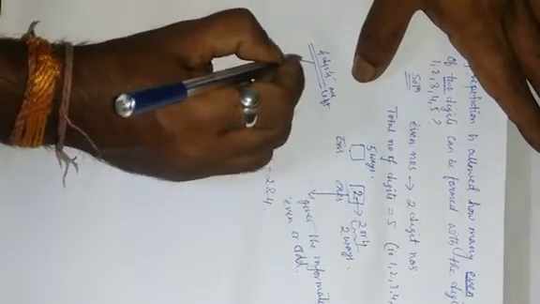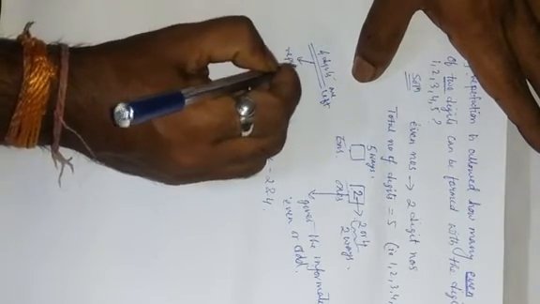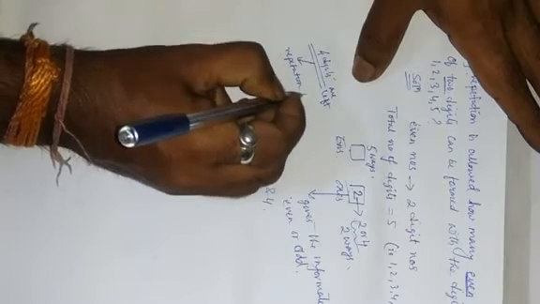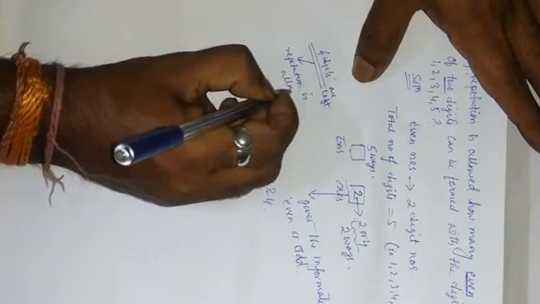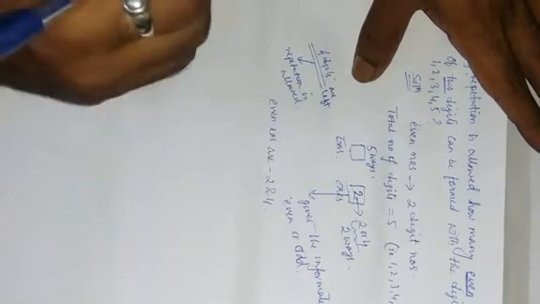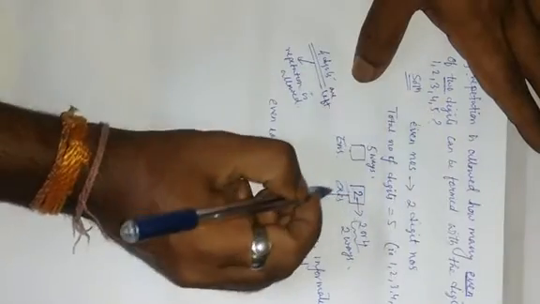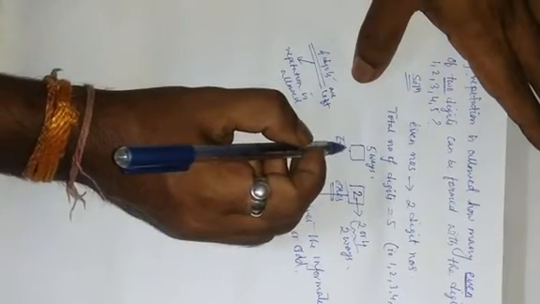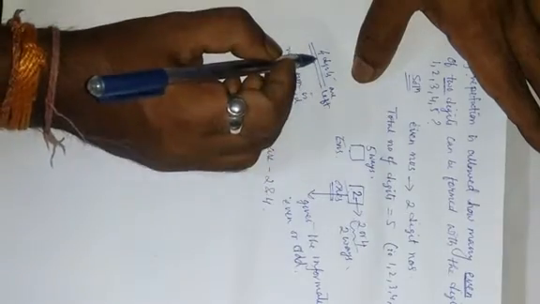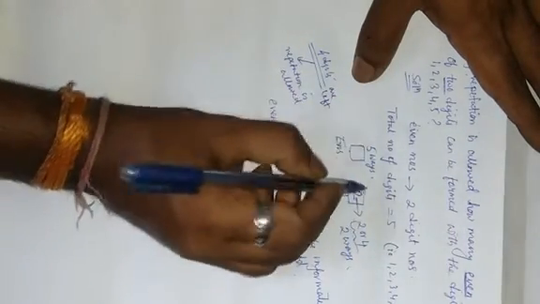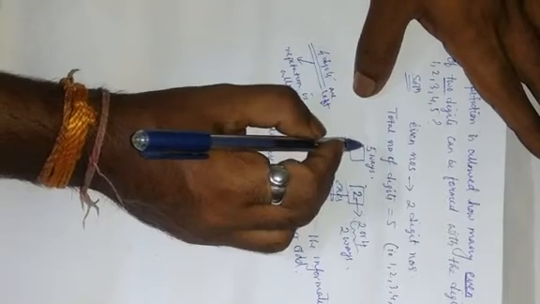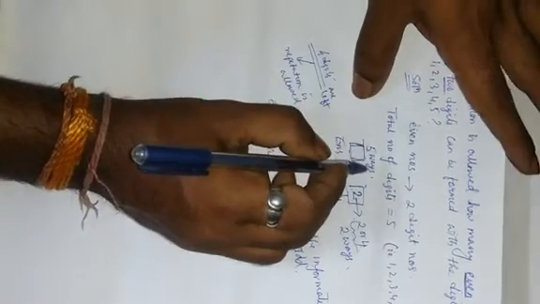But since in the question repetition is allowed, whatever I have used in the ones place, I can use it again in the tens place. So earlier it was 4 digits. Now if I take that digit back, it becomes 5 digits. So this tens place can be filled in 5 ways.